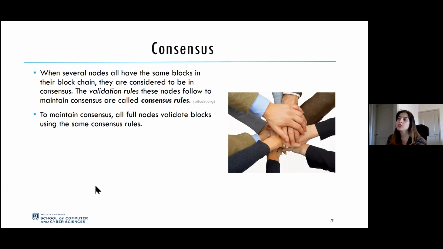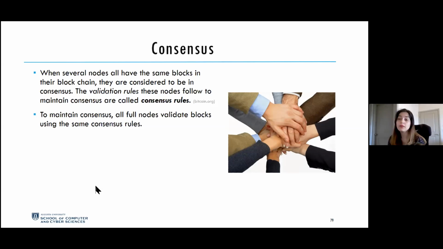However, in blockchain technology, the consensus protocol is slightly different. There are some rules which are called consensus rules, and we say that the network reaches a consensus when all the nodes have the same blocks in their blockchain. And how can you reach that?